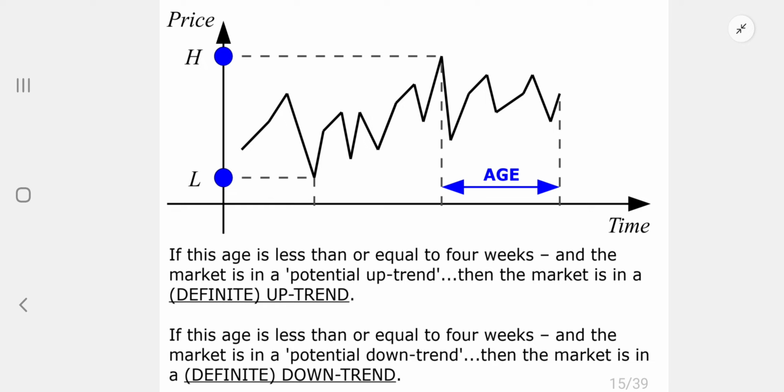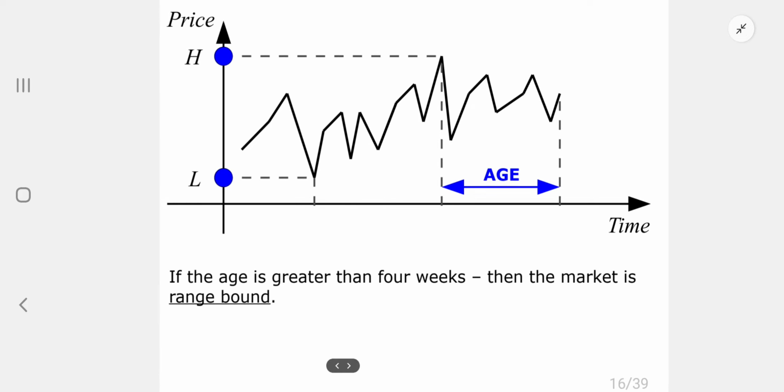If this age is less than or equal to 4 weeks and the market is in a potential downtrend, then the market is in a definite downtrend. If the age is greater than 4 weeks, then the market is range bound.